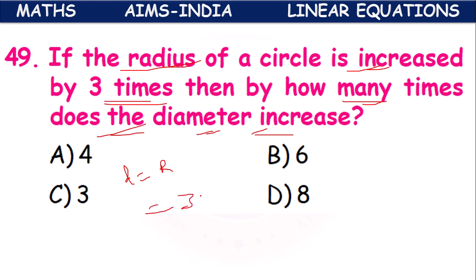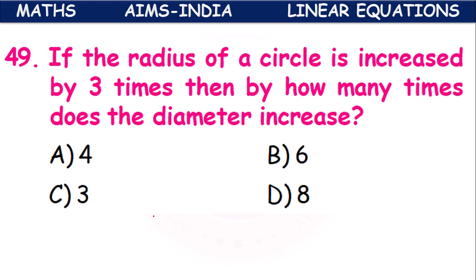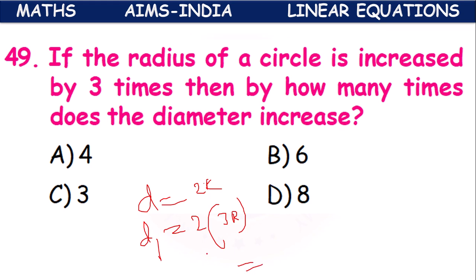If the radius is increased by 3 times, the new diameter equals 2 into the radius increased by 3 times, 3r. So that is equal to 2 into 3, 6r. So the new diameter equals 6r. It will increase 6 times.